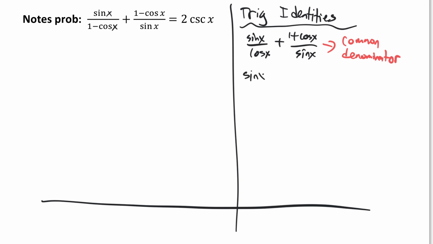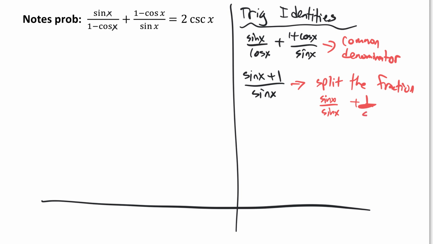Similarly, if you have sine x plus 1 over sine x, it might be nice to split the fraction. In this case, we would have sine x over sine x plus 1 over sine x. So our fraction skills of either making a common denominator or splitting the fraction, uncommoning the denominator, both are very useful for trig identities.